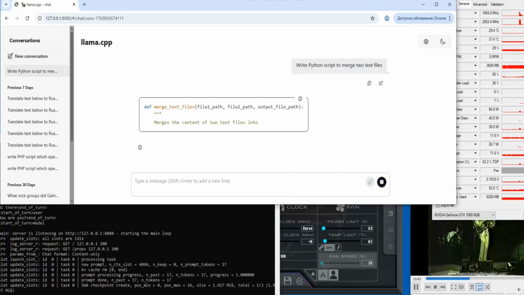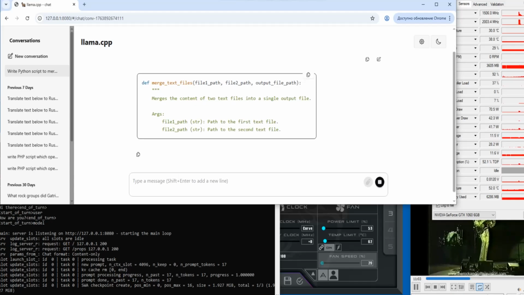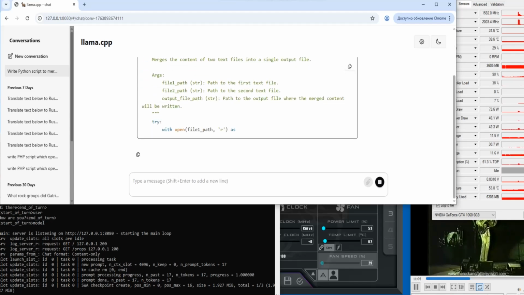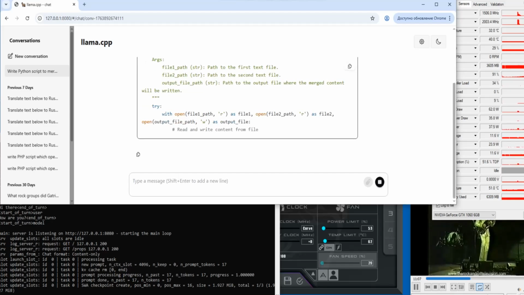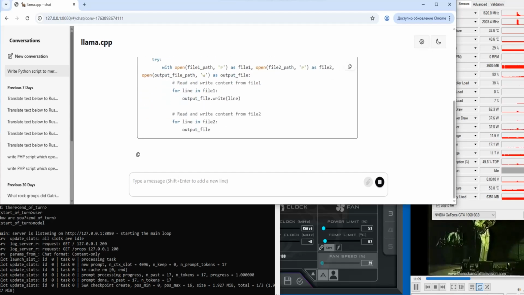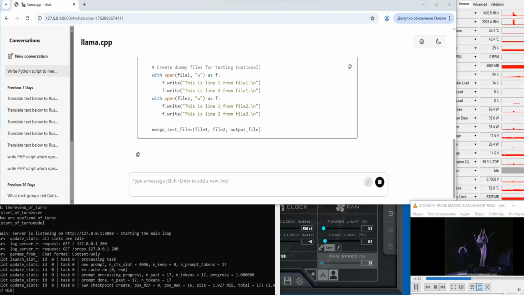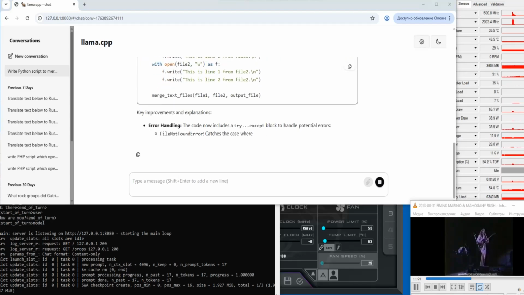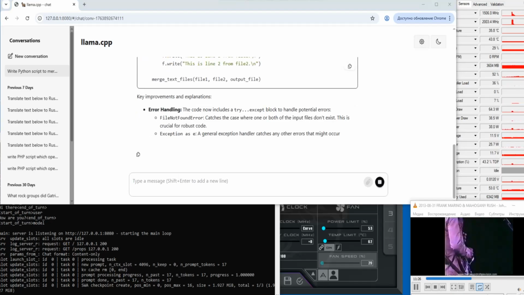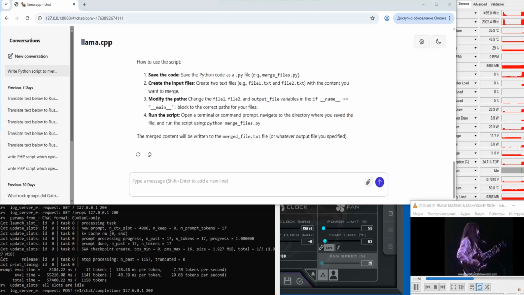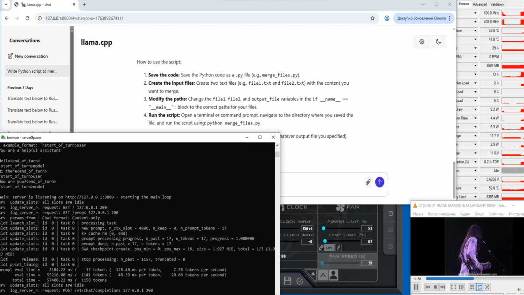The video accelerator firmware works so that when the power limit is reached, the video core frequency decreases. Thus, the energy consumption is reduced. I ask the model to write code in Python, which is what it is doing now. As you can see, the generation speed is 20 tokens per second. The speed of processing the request is about 8 tokens per second.